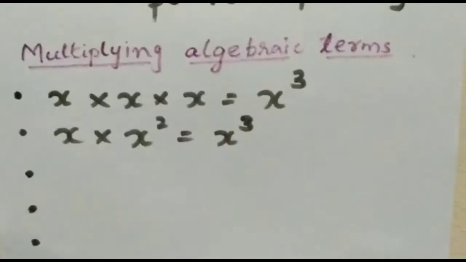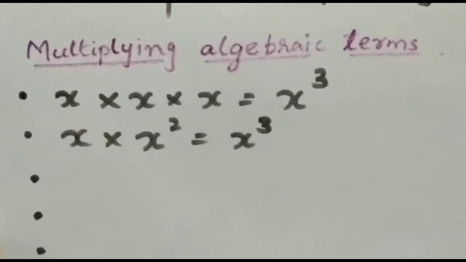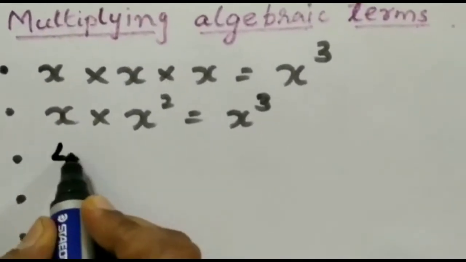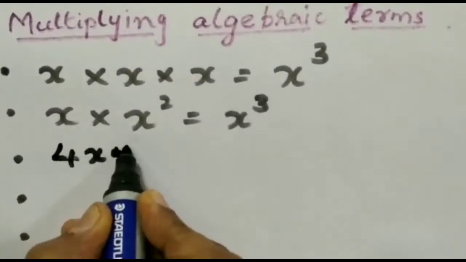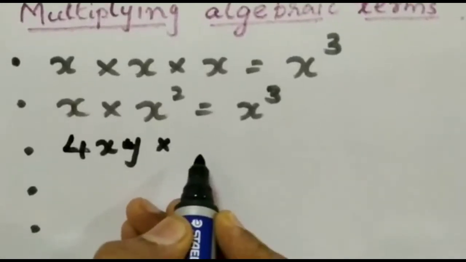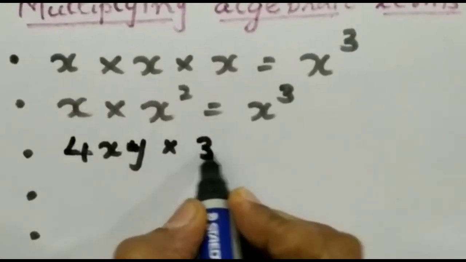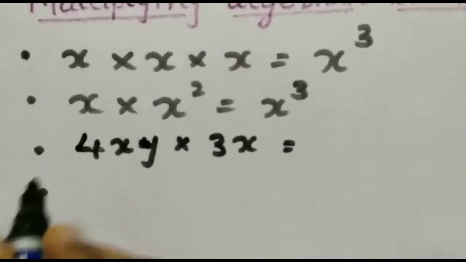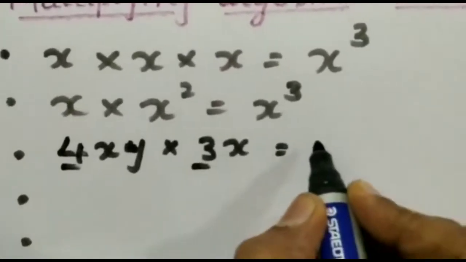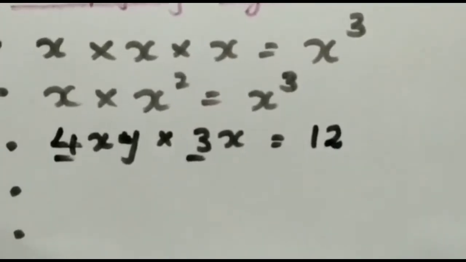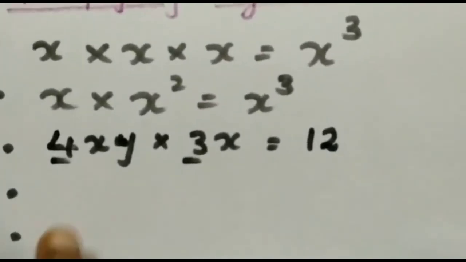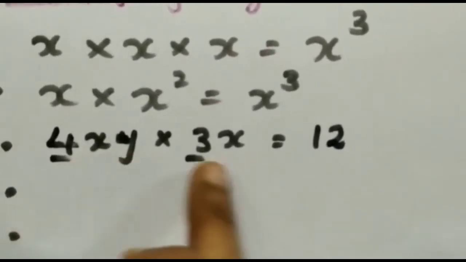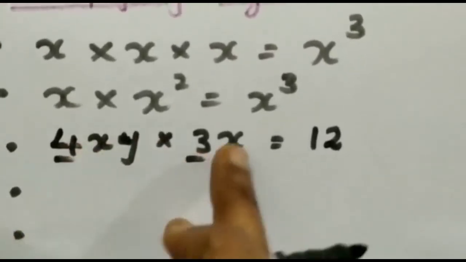The third example, 4xy multiply 3x. Here the coefficients you have to multiply first. 4 multiply 3, 12. And then you have to separate the variables. x and x here, the power is 1 and here also power 1.